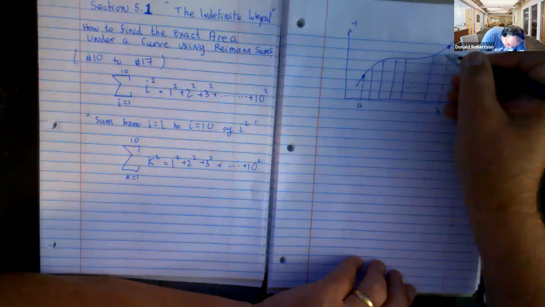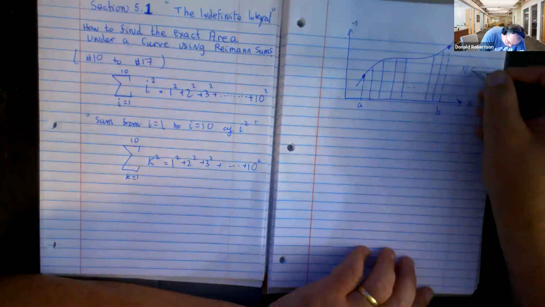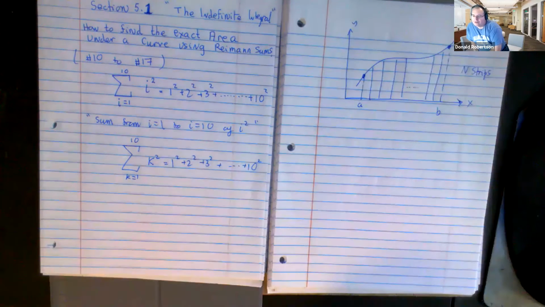And in fact, it's going to have n strips. Would you agree that's pretty general then? We don't know what the function is. We don't know where to start. We don't know where to finish, except a and b, right? And we don't know how many strips. We're just going to call it n.